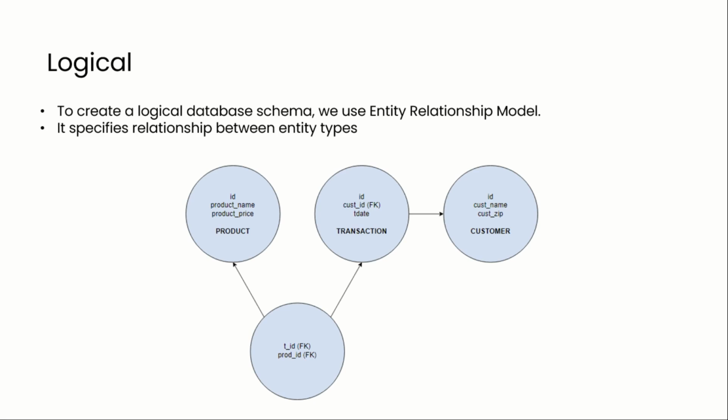Here, this is a diagram of an ER model of a basic e-commerce application. This view represents the list of products, the transactions made by the customer, and the details of the customer.